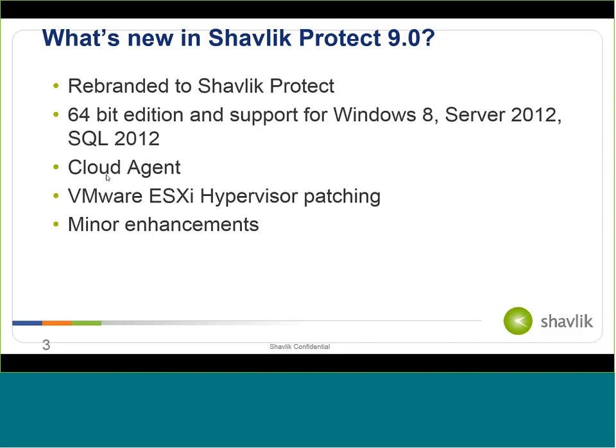It's our hosted cloud services that are going to enable console to register in the cloud and allow agents to communicate back and forth without opening up risks on your firewall. And we'll also go through a number of minor enhancements that have been added to the product. Actually, it's a fairly long list of minor enhancements, and we'll get through as many of those as we can in the time we have here today as well.